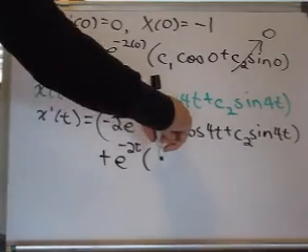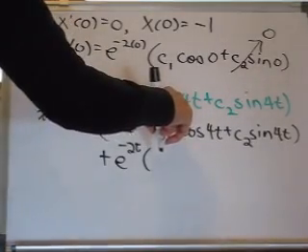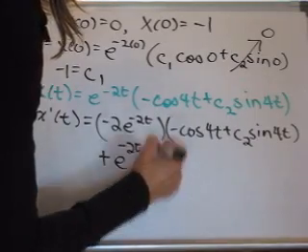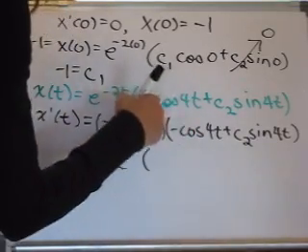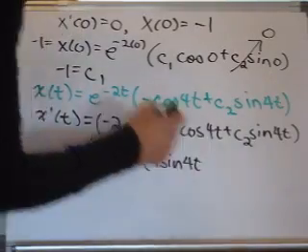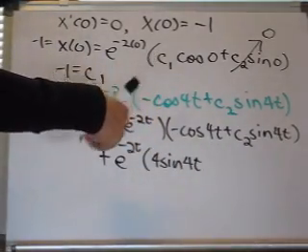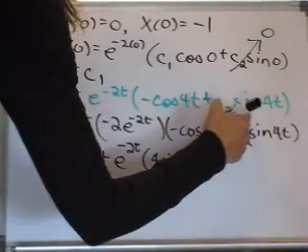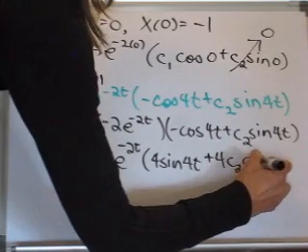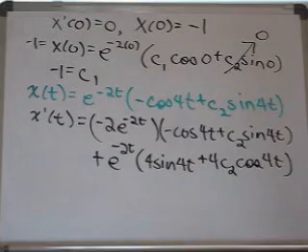The derivative of cosine is going to be sine, and you're going to have a 4. Actually, cosine's derivative is negative sine. So negative of a negative, you're going to get 4 sine of 4t. And then the derivative of sine is cosine, and I'm going to get a 4, plus 4 c2 cosine of 4t.